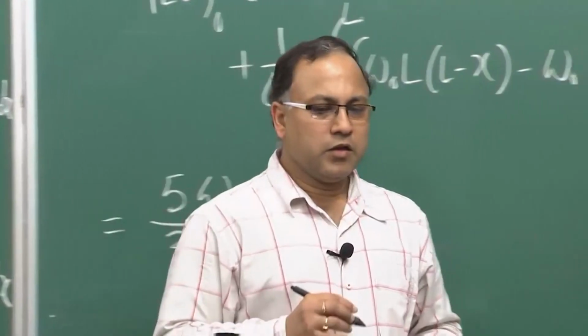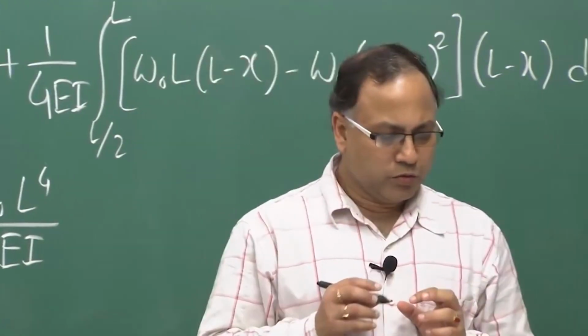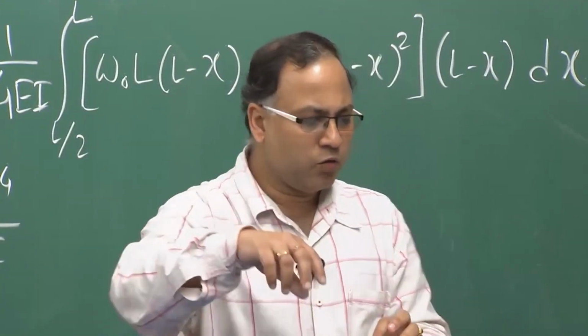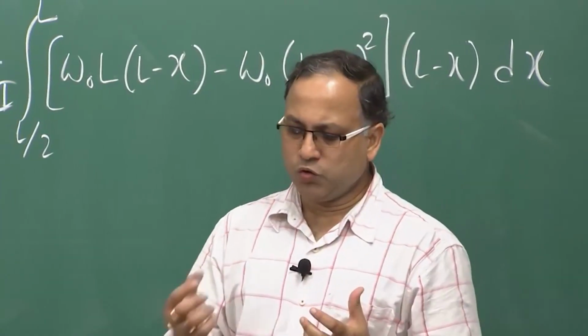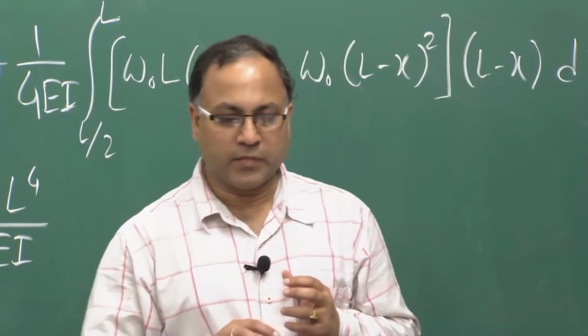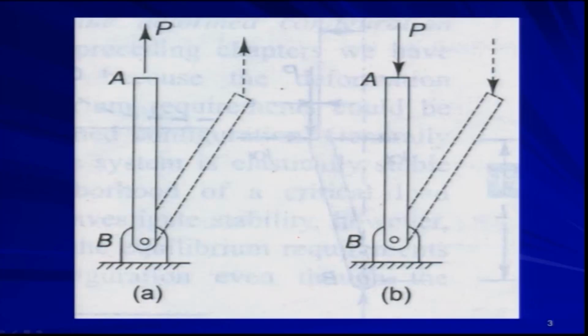Okay. So, now with this background, if I try to find out the elastic stability, what do you mean by the elastic stability? Okay. So, if you look at these two figures, there is a vertical, slender member, okay, under the load P, P can be compressive or tensile.